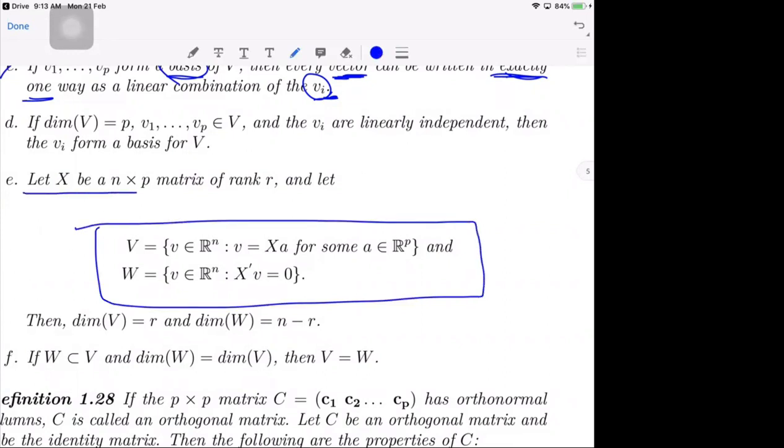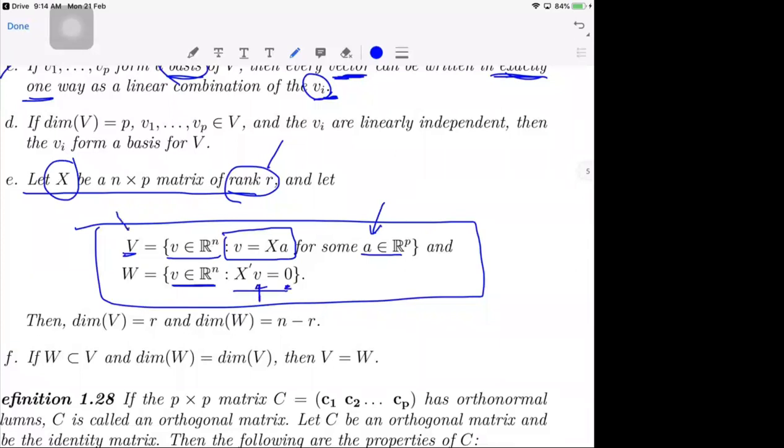So if we have a matrix X of dimension n by p of rank r, and you have a subspace V of vectors n by 1 such that you can write them in the form Xa for some p by 1 vector a, and you have another set of vectors W, still n by 1, such that when you pre-multiply by the transpose of X, X'v is equal to 0.